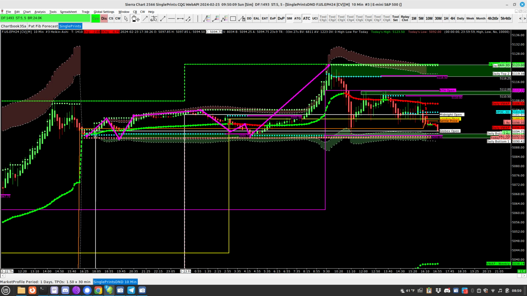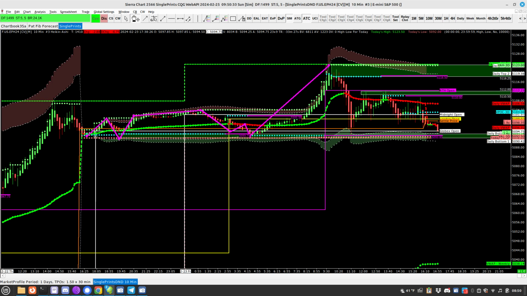As these shift, you mark these levels, because those are potential targets for you to make money. Those are not levels where price is guaranteed to stop, but they make excellent targets.